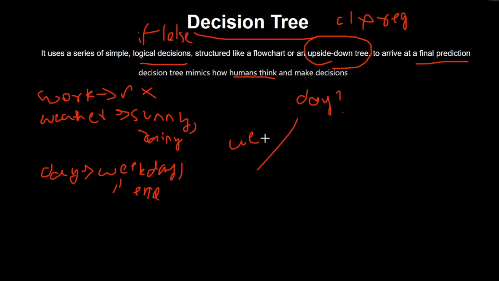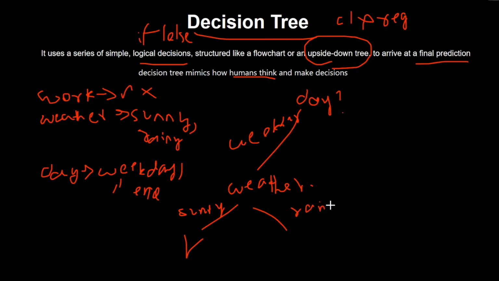If it's a weekday, then we ask another question about the weather, if it's sunny or rainy. If it's sunny, we would probably go for work, and if it's rainy, we probably wouldn't go for work. Similarly, if it's a weekend, we won't go for work.